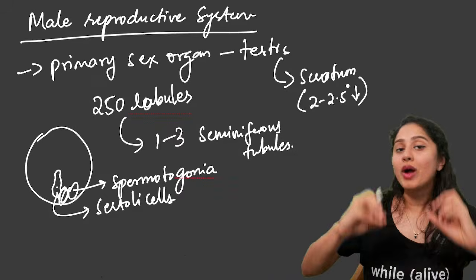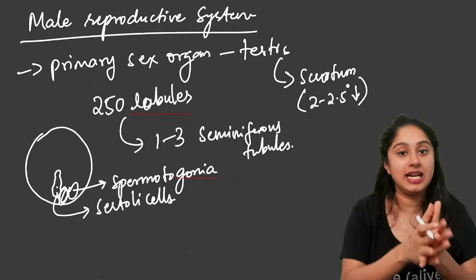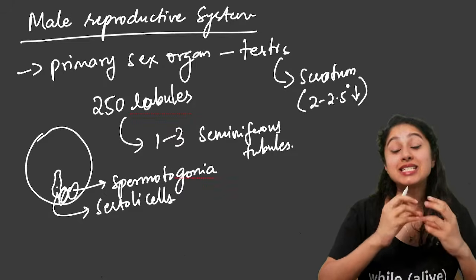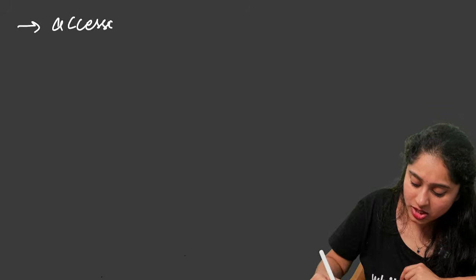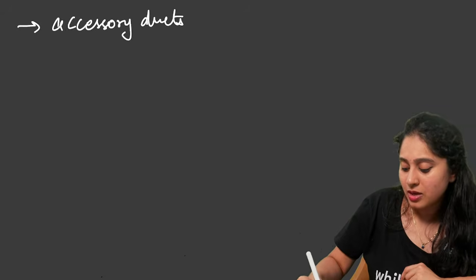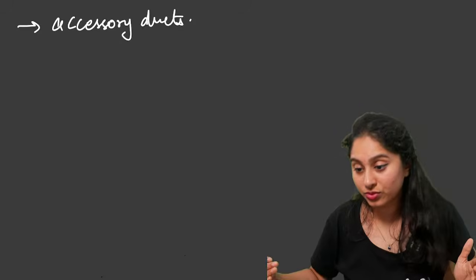Now once the sperms are ready inside the seminiferous tubules, we need a set of accessory ducts to help us bring the sperm outside of the testis.